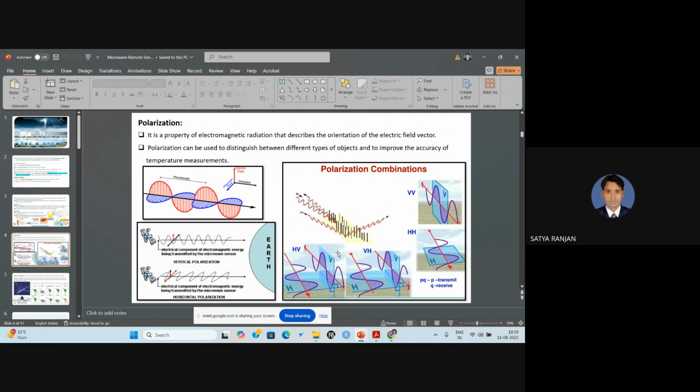These four types of polarization have different applications. For agriculture, different polarizations are used for vegetation, and for earthquake estimations. Different polarizations have different characteristics, so this is the reason four polarizations are used in microwave remote sensing.